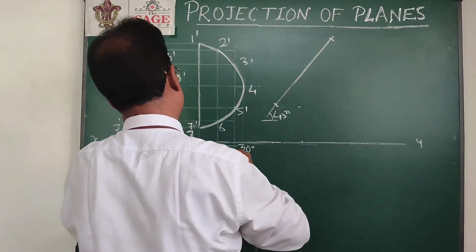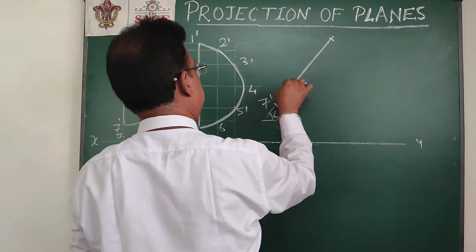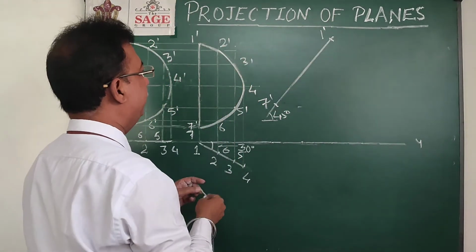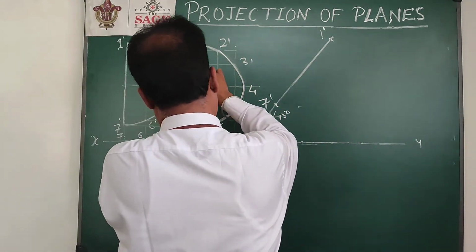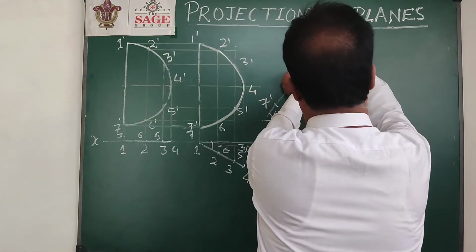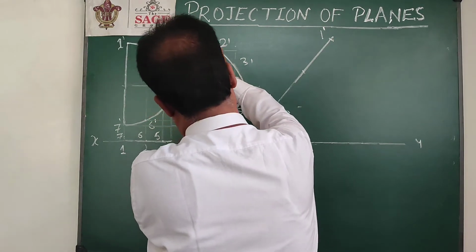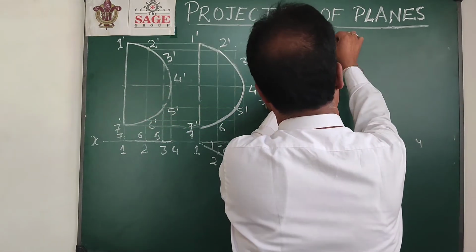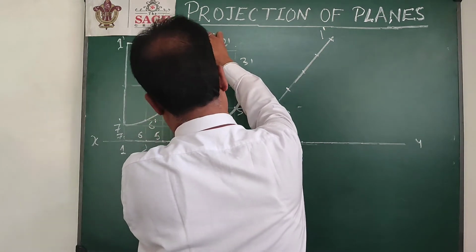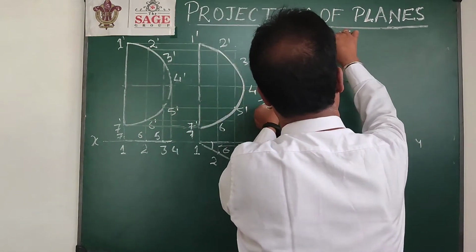So these are the initial 2 points, that is 7 dash and 1 dash. Now with reference to this 7 dash 1 dash, I will mark other points. So this is the midpoint of this line. Then this second point, which is away from this side, and also this side. The third line will be like this.